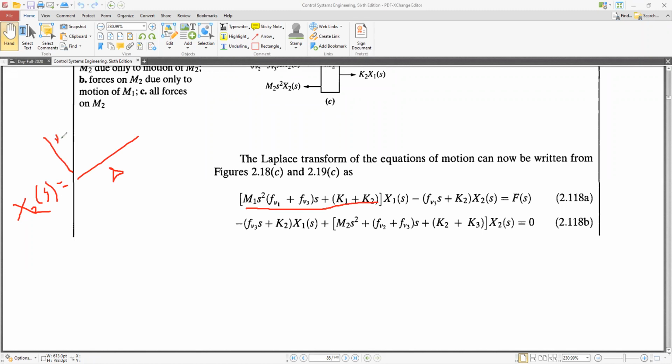Coefficient of M1 s squared plus (FV1 plus FV3) s plus K1 plus K2 is the coefficient of X1, and here F(s).